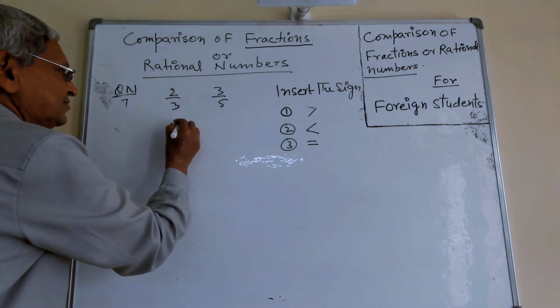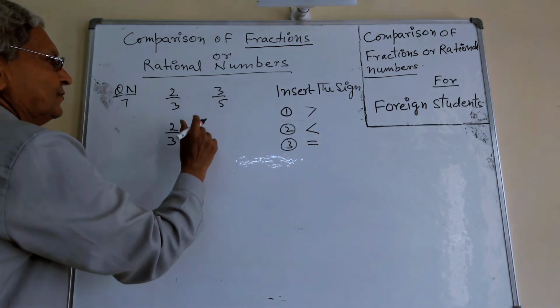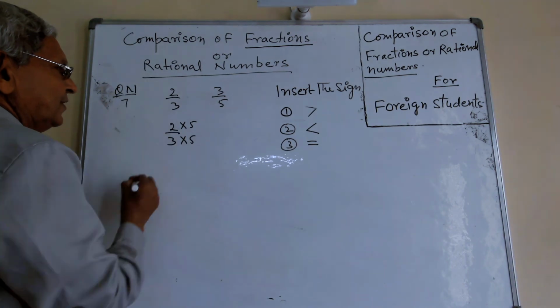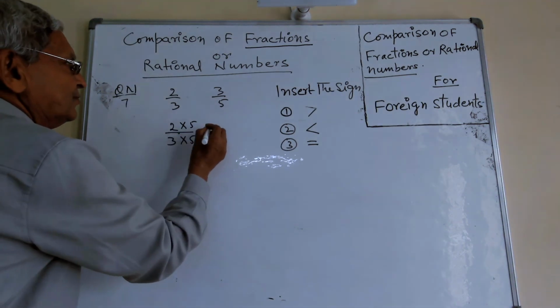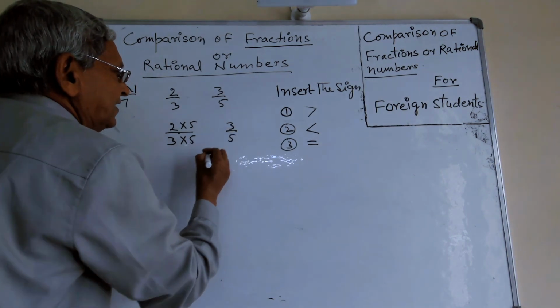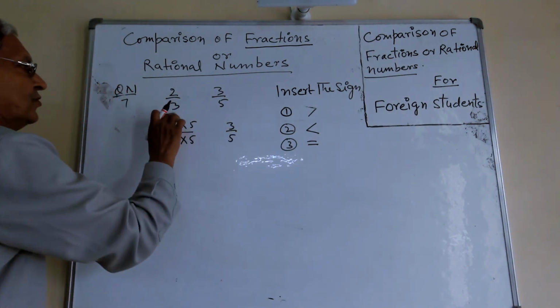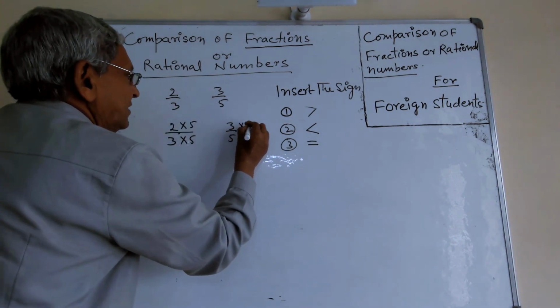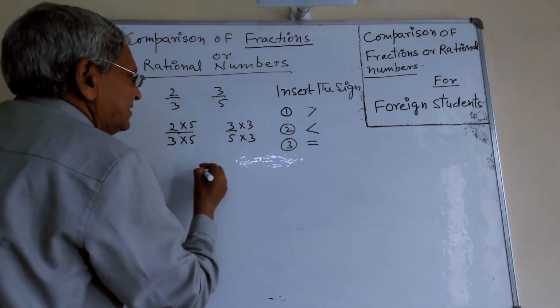We have to multiply the first fraction by the denominator of the second, in the numerator as well as in the denominator. And now we have to multiply the second fraction by the denominator of the first fraction in the numerator as well as in the denominator.